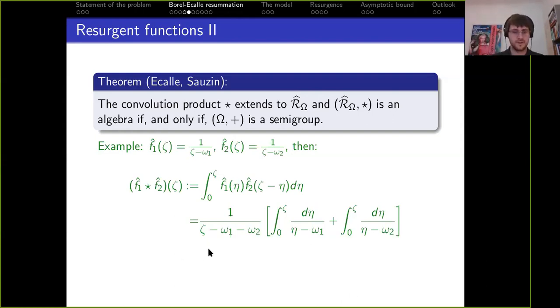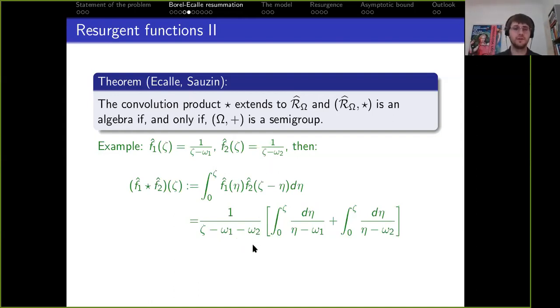But what's really important, you see that you have another term which has a pole in omega 1 plus omega 2. So this convolution product is not resurgent for the set big omega being just omega 1 and omega 2, but it's resurgent for the set big omega equal to omega 1, omega 2, and omega 1 plus omega 2.